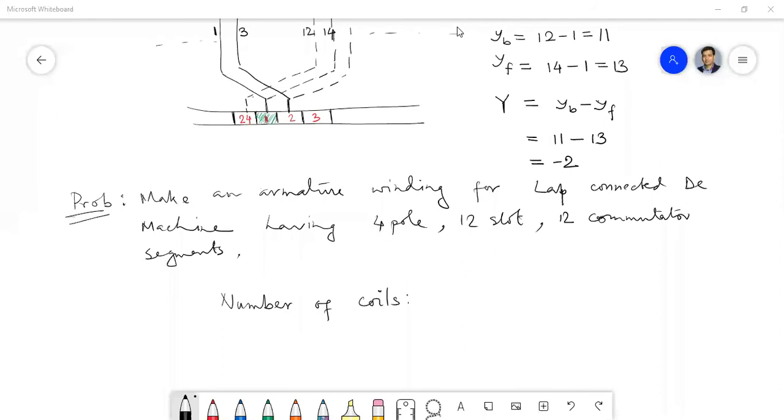Abhijit Dash. Yes, sir. Can you explain why the number of coils will be 12? Sir, I can't. You're not attending my class? Okay.